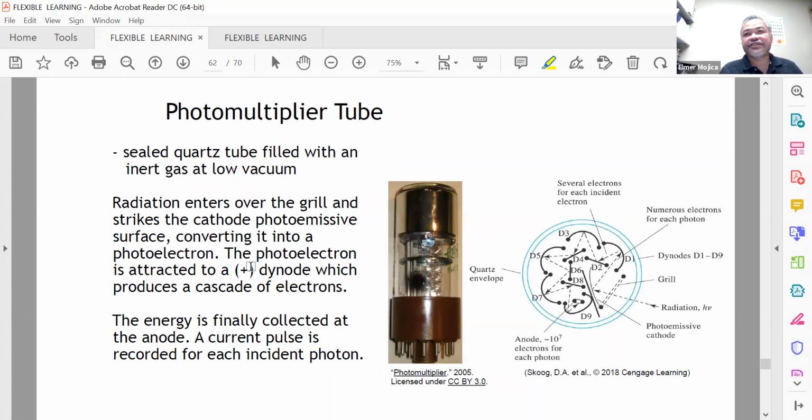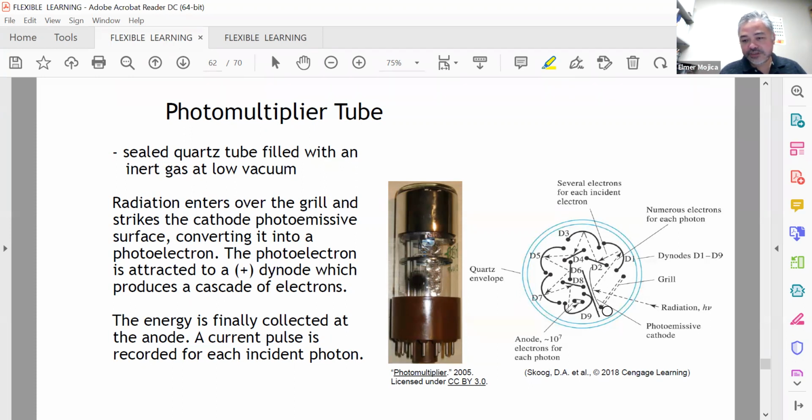Now the photoelectron is attracted to a positive dynode, which produces a cascade of electrons. So it's just a cascade. The energy is finally collected at the anode, and a current pulse is recorded for each incident photon.